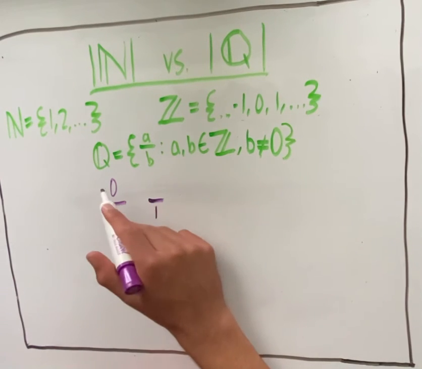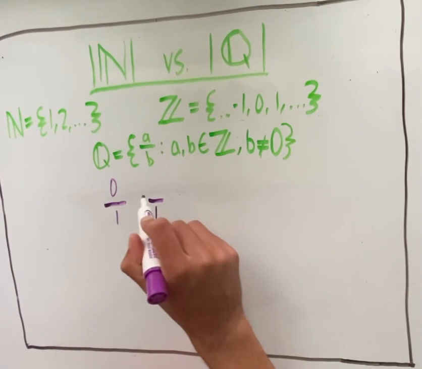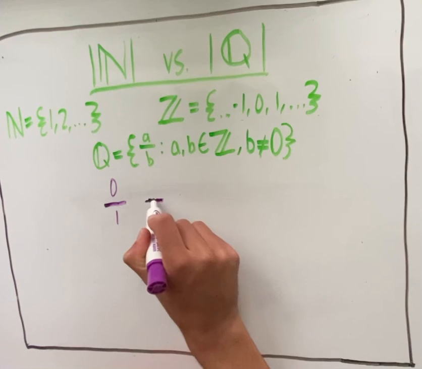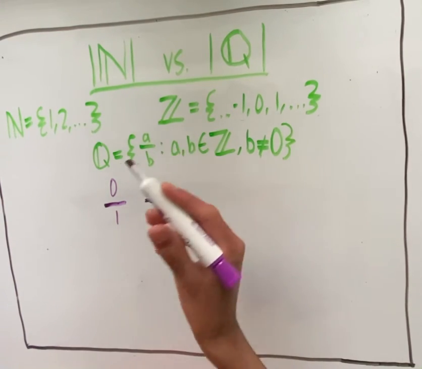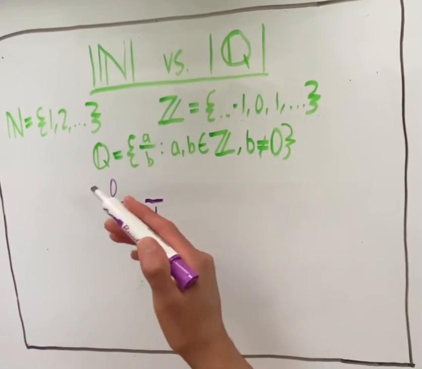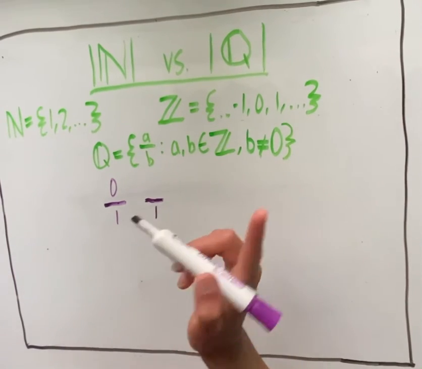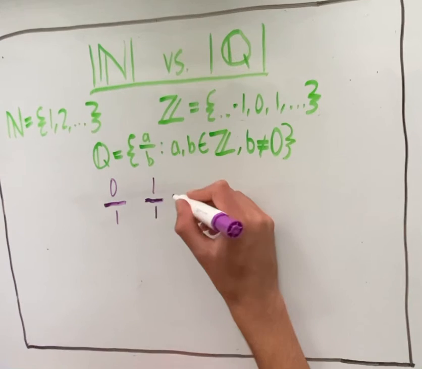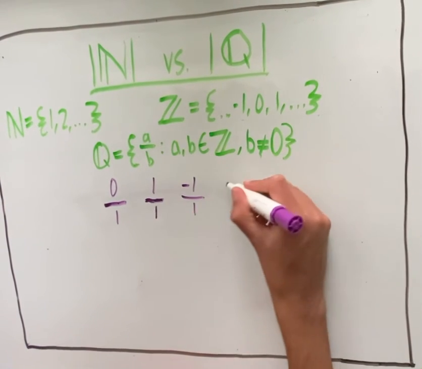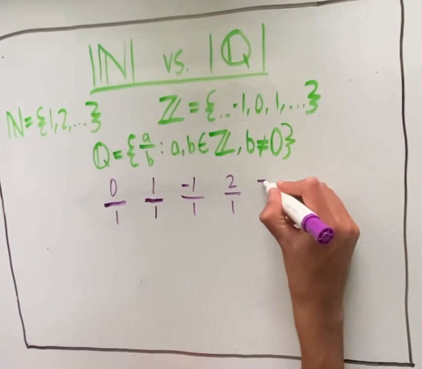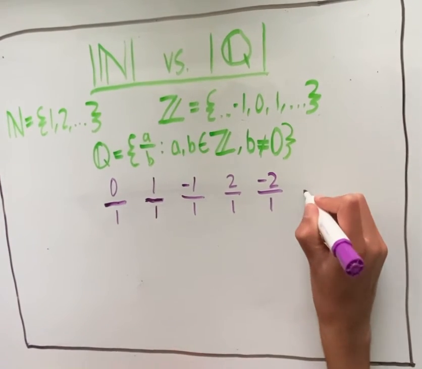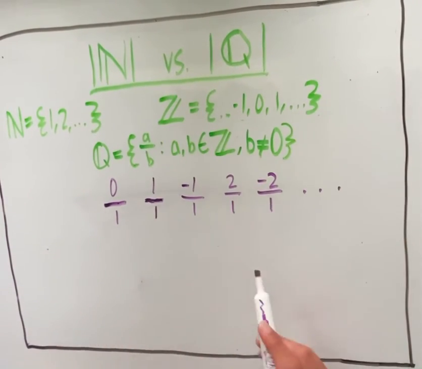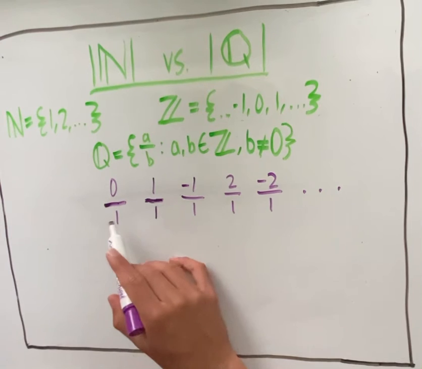So we want to cover rationals with any integer in the top and 1 in the denominator. So now we have to find a way to systematically arrange all of the integers. But we've already done that in the previous video. How do we do it? We started 0, then 1, then -1, then 2, then -2, and so on. So this is a way to arrange all of the rationals that have a denominator of 1.